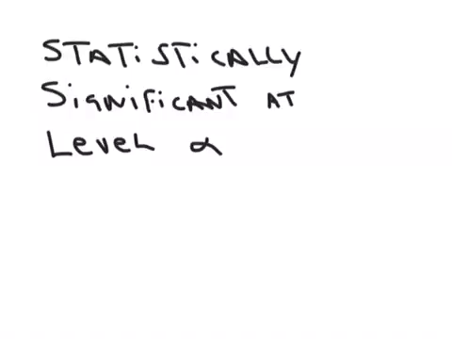We write this down: statistically significant at level alpha of, say, 0.05, which means that if we come up with a p-value that is less than 0.05, then we reject the null hypothesis. Typically we have two alpha levels. Usually it's 0.05 and 0.01, depending on how strict we want the test to be.